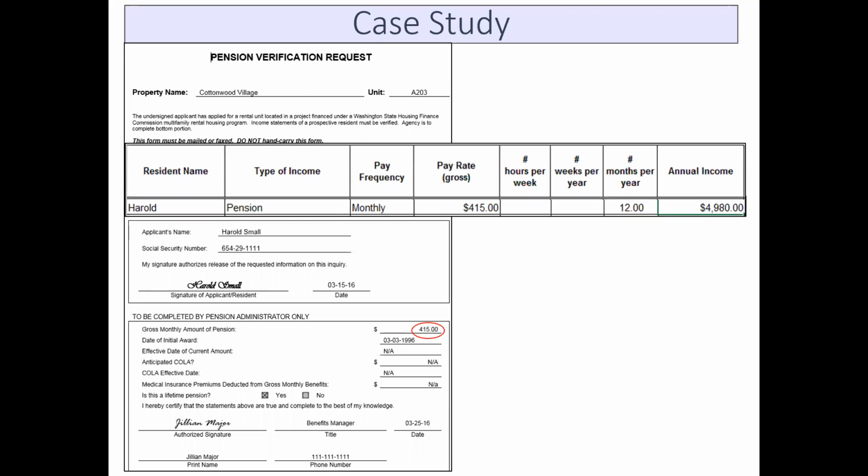A pension paid out monthly, $415 for 12 months is $4,980. So that would be Harold's pension amount. And again, because it's not a job, we would not have a year-to-date section. Okay. So that is going to be all of our income that the household declared.